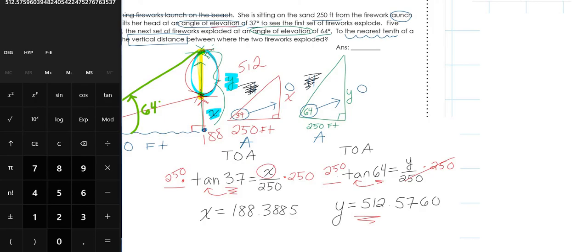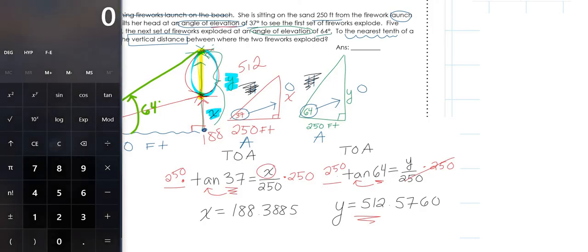In your calculator, you're going to click 512.5760 minus 188.3885 equals, and it's about 324 feet. They want us to round to the nearest tenth, so we're going to say 324.2.